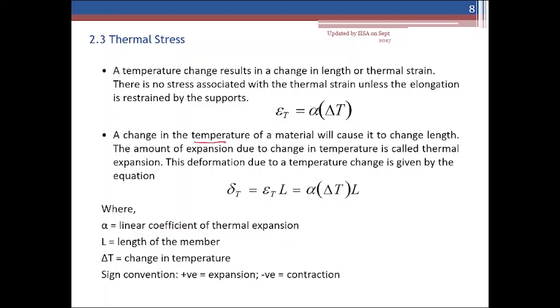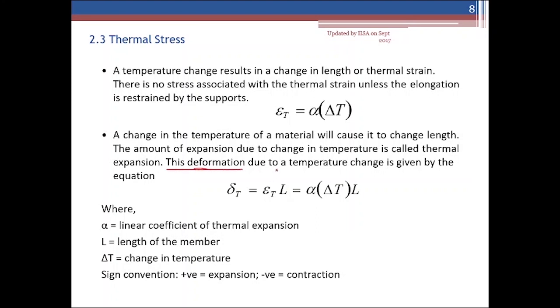A change in temperature of a material will cause it to change its length. The amount of expansion due to change in temperature is called thermal expansion.